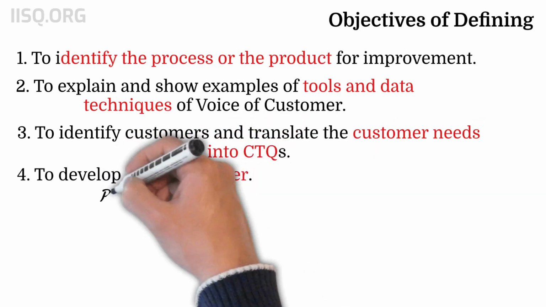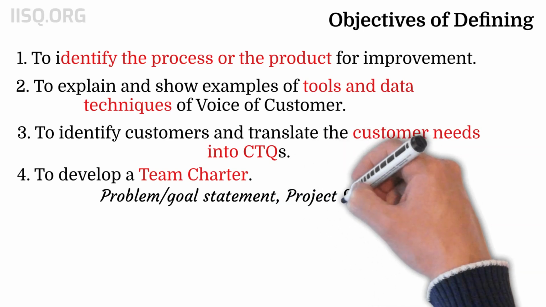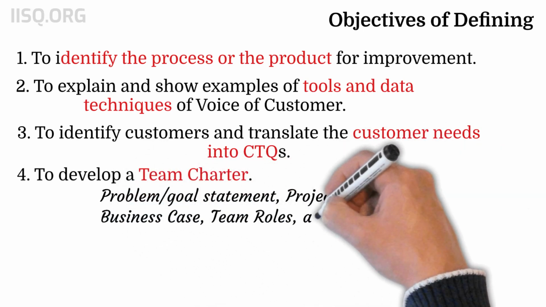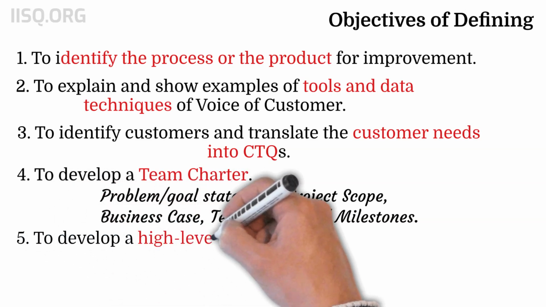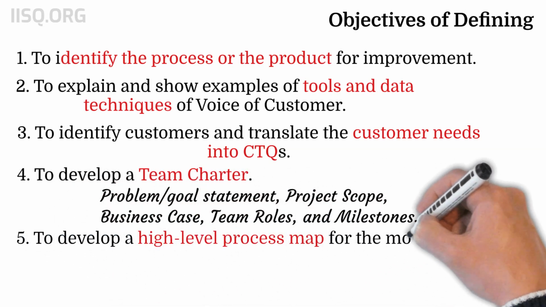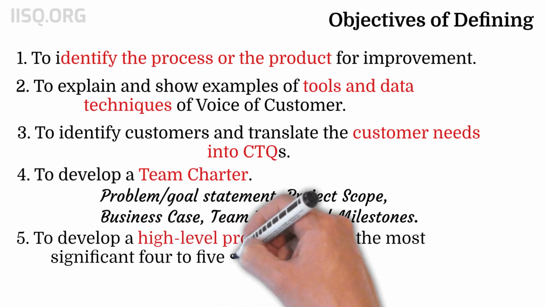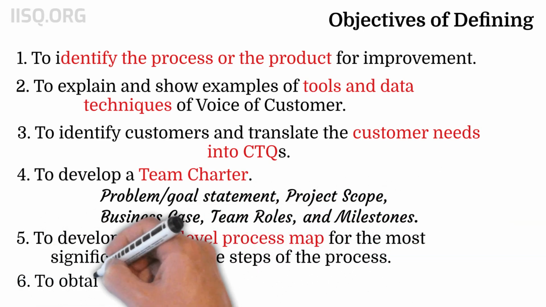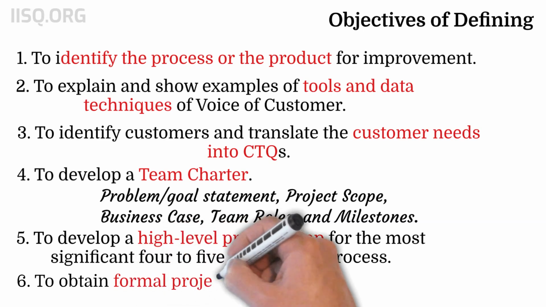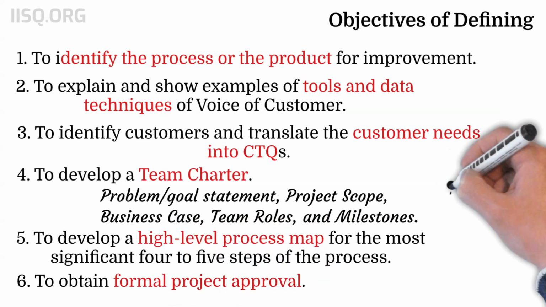Here, problem and goal statement, project scope, business case, team roles, and milestones will all be included. The next is to develop a high-level process map for the most significant 4 to 5 steps of the process. And the final objective is to obtain formal project approval.